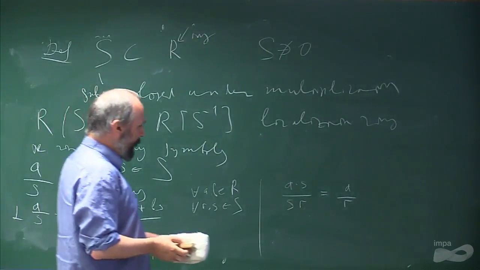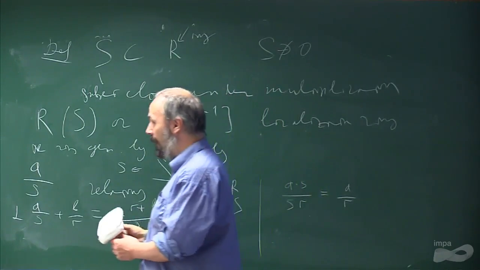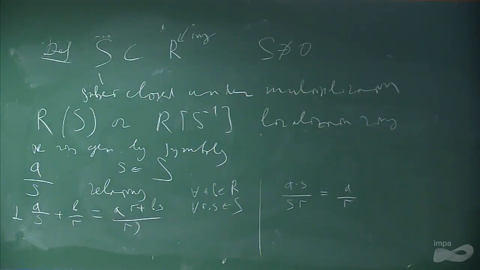And today I would be interested only in S being all non-zero elements. So if you're lucky and your algebraic variety has regular functions with no zero divisors, which is equivalent to irreducibility, then you have a proper fraction field. So definition.